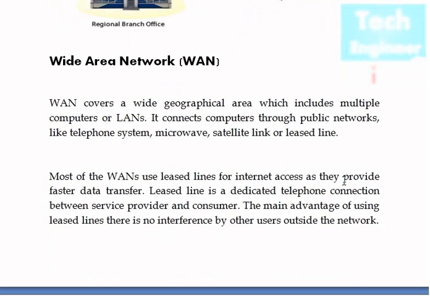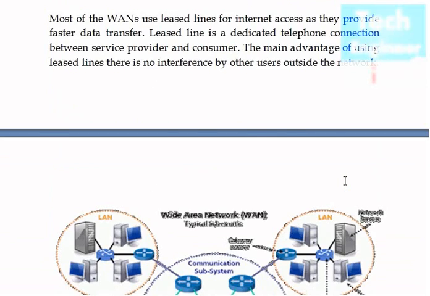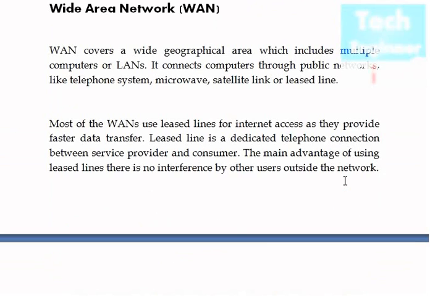Now the fourth and last is the wide area network. A WAN covers a wide geographical area which includes multiple computers or LANs. It connects computers through public networks like the telephone system, microwave, satellite link, or leased lines.